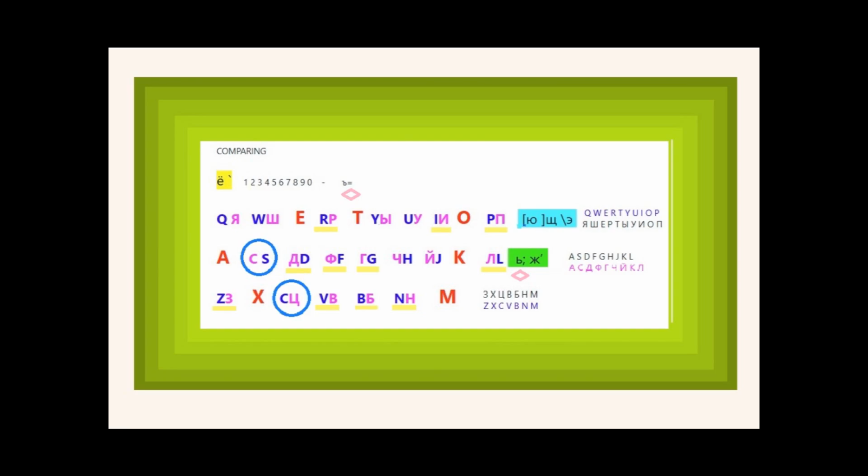And I marked this hard sign and look in the second row of the keyboard, which starts with English letter A and Russian A. Look in the end of it, you will see мягкий знак. After Latin L, the last key of letters in the second row, you will see мягкий знак, which is soft sign.